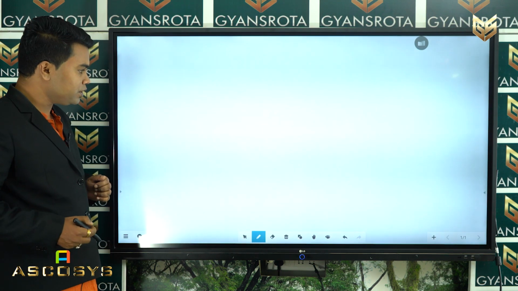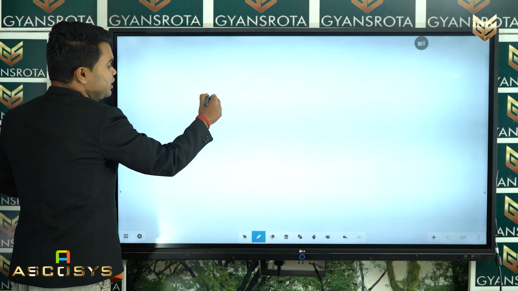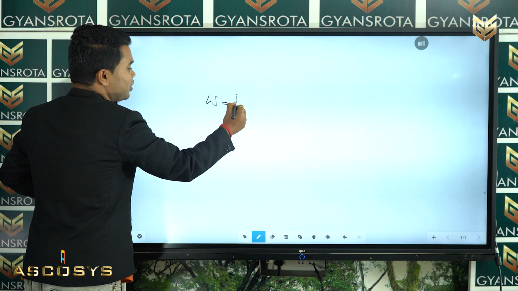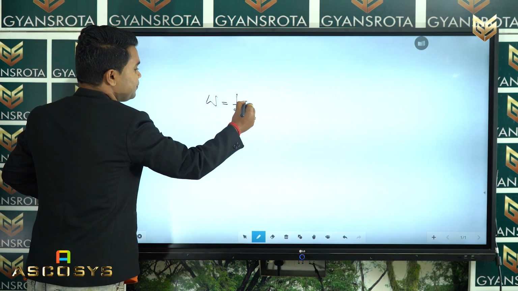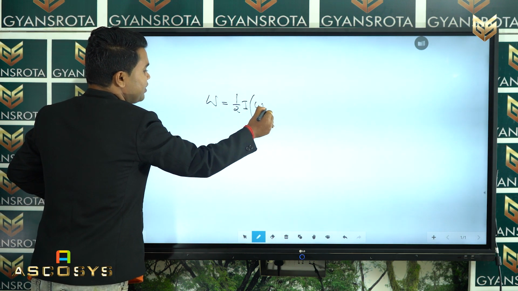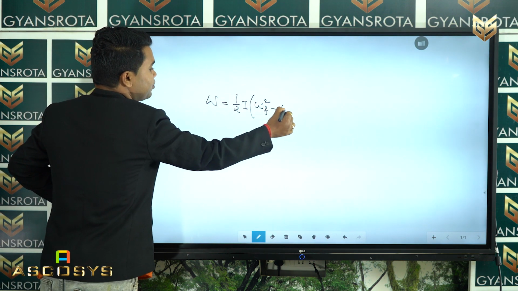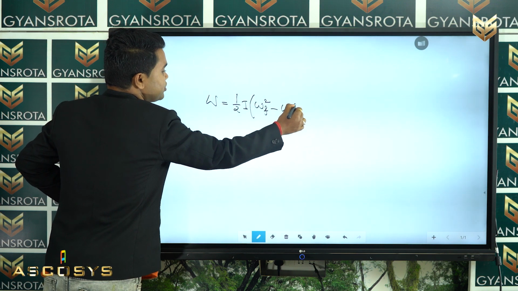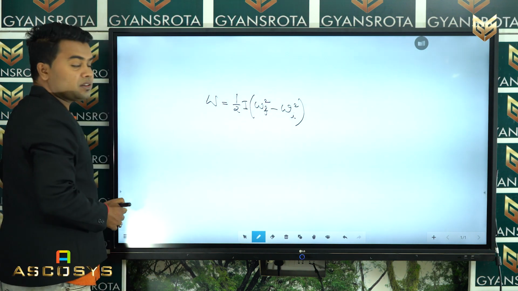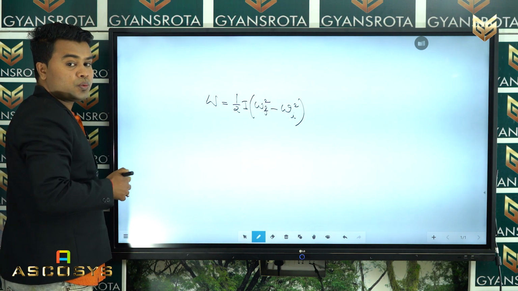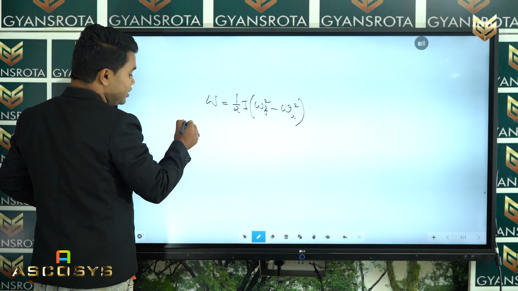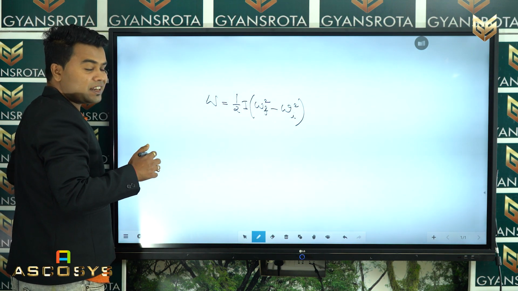So the formula which you will be using is work done is equal to half I (ω_f² minus ω_i²), that is the final and the initial omega squared. Yeah, that is somewhat similar to the work energy theorem, right? Work done is equal to change in kinetic energy.